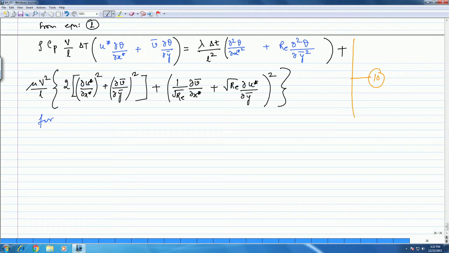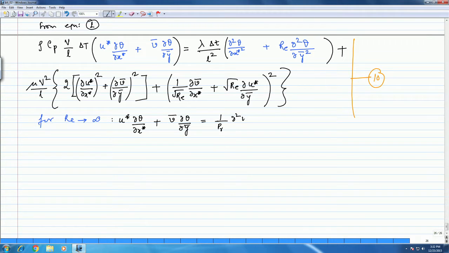So for this equation 10, you can see it becomes U star del theta del X star plus V bar del theta del Y bar is equal to 1 by PR.